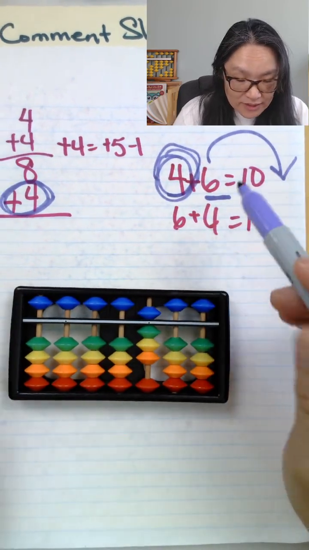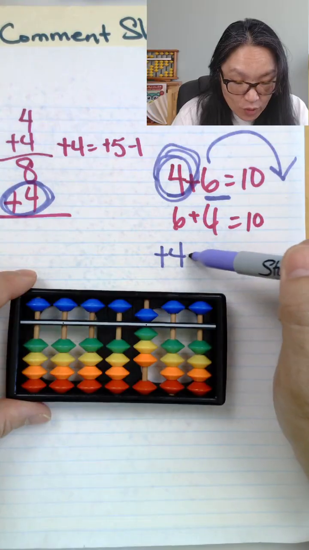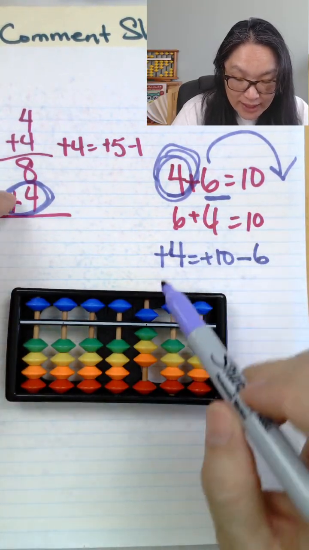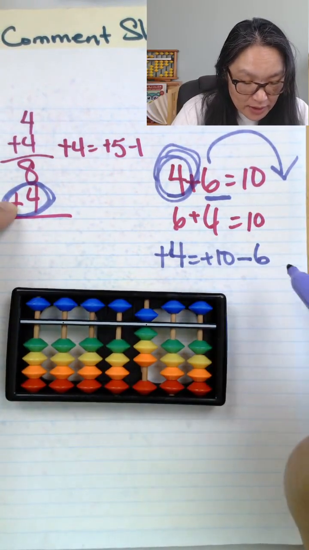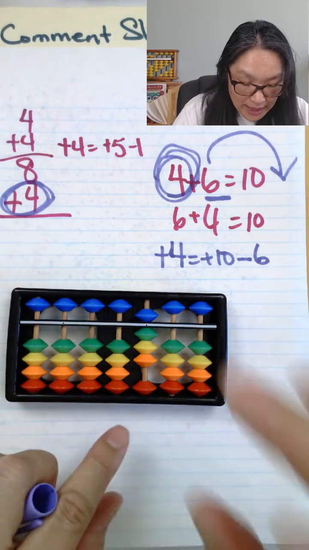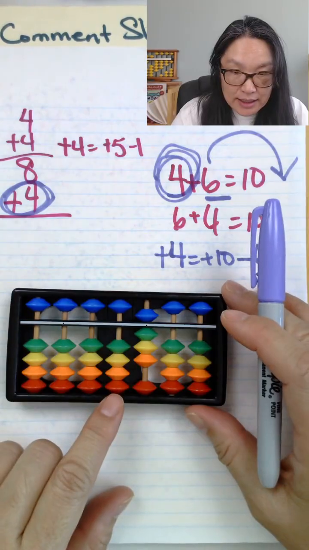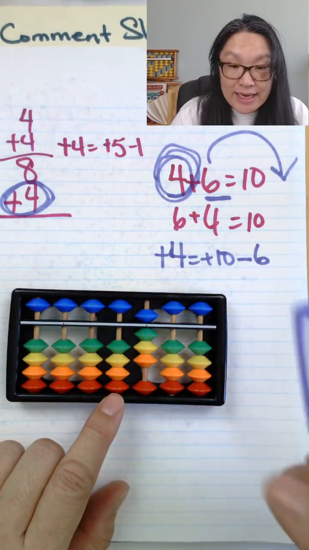When we isolate this variable, I'm going to rewrite it. We say plus 4 is equal to plus the 10 minus 6. When I plus this 4, I want to plus the 10 minus the 6. Now this is where we start coming into introducing things like 10 is the next set of 5. Yes, exactly.